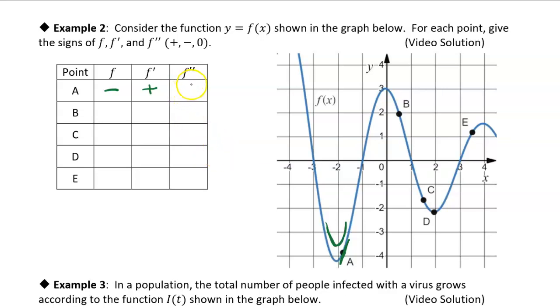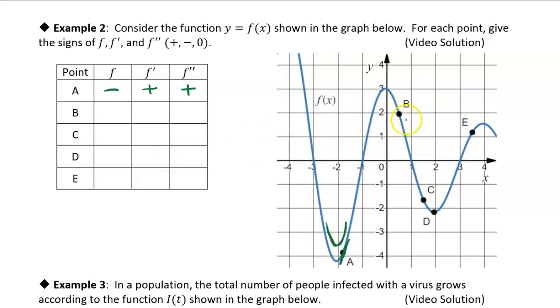And the rate of change of the rate of change is the second derivative. So concave up means the second derivative is positive at that point. All right, so that's what we're going to do for all of these points. We're just going to go through and look at the value of the function, the value of the first derivative, and the value of the second derivative.